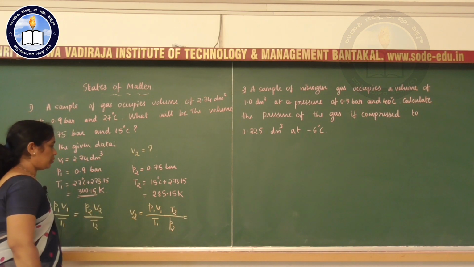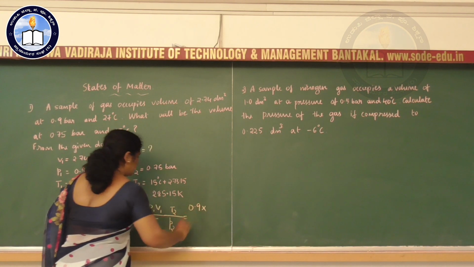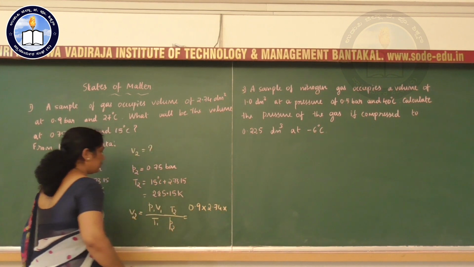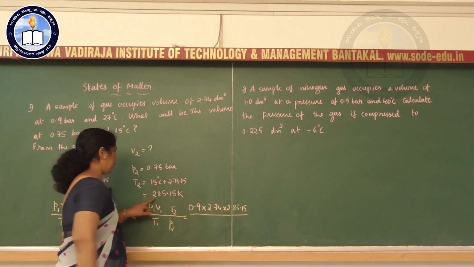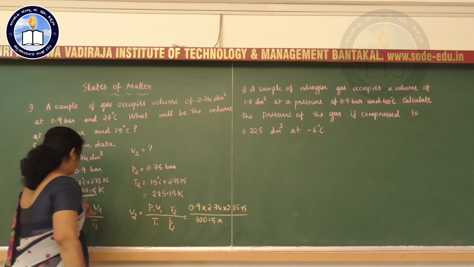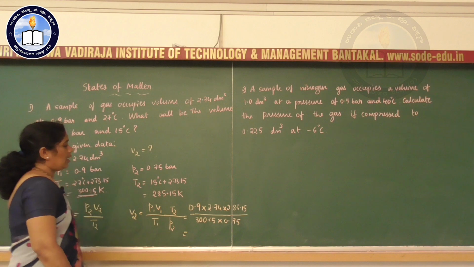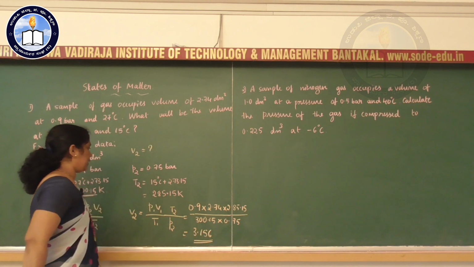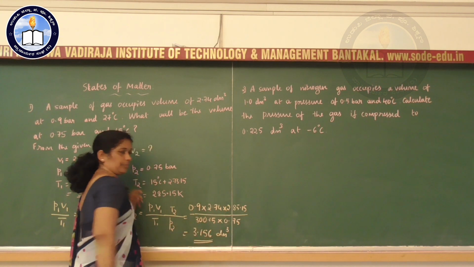On substitution, we get P1 0.9 into V1 2.74 into T2 285.15 divided by T1 300.15 into P2 0.75. On simplification, we will get 3.156, and the unit of volume here is dm3, so V2 is also in dm3.